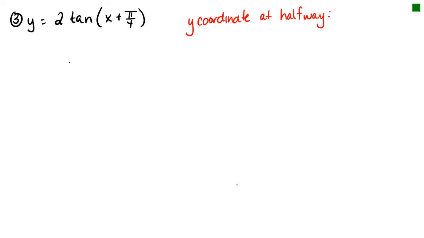So that's going to be at 2. The period is going to be pi over b, which equals pi over, we assume there's a 1 there, so it's pi.